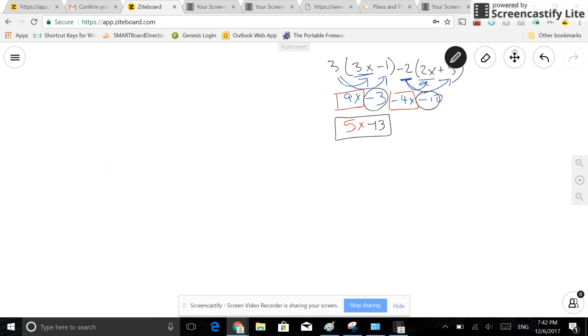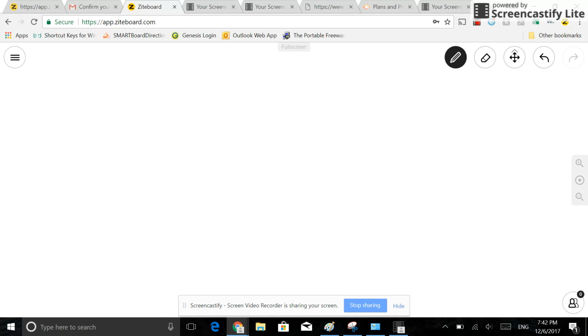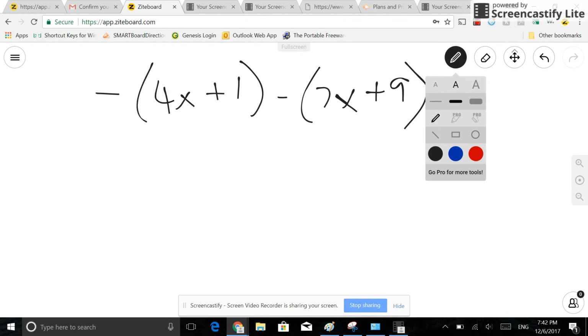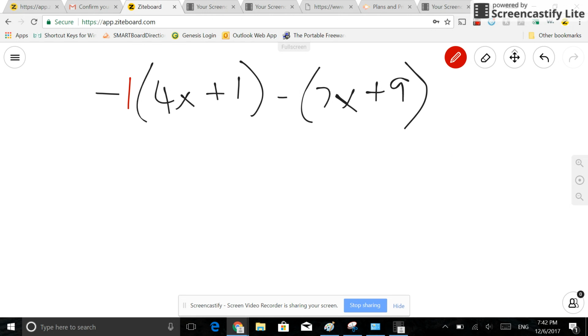Then your next expression, what is negative 4x plus 1 minus 7x plus 9. For this expression, you're going to put in your negative 1's.